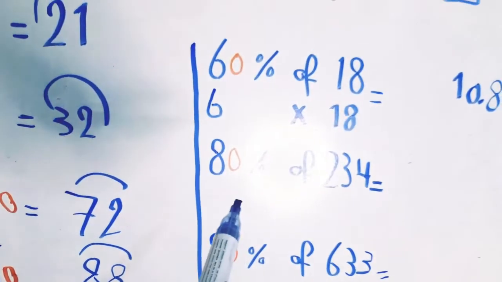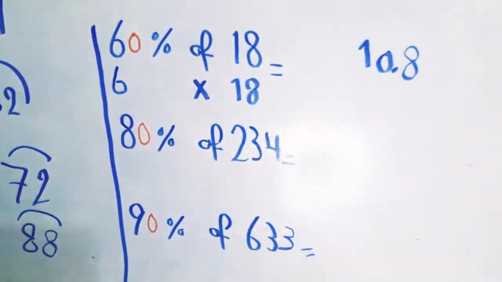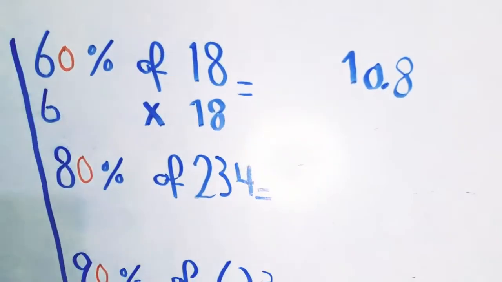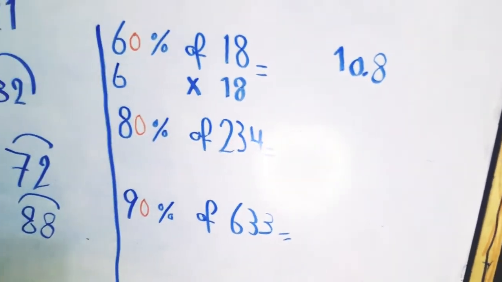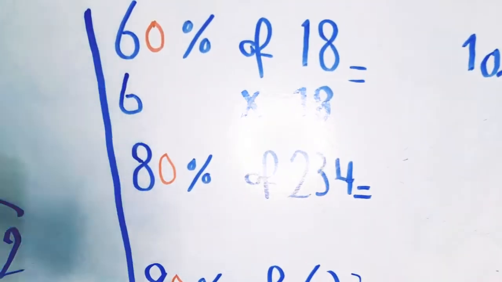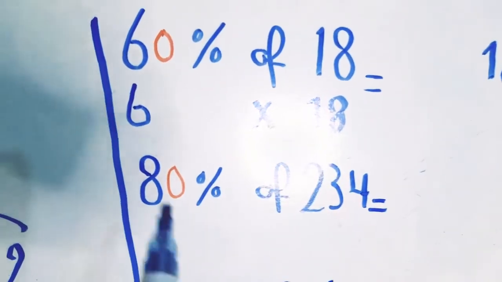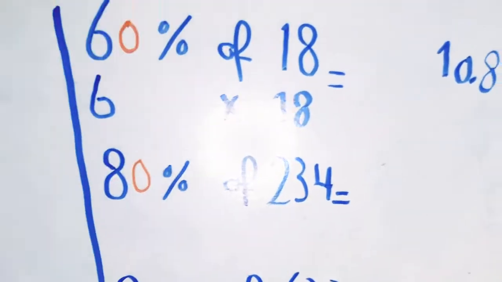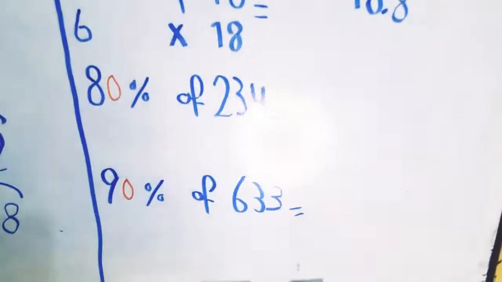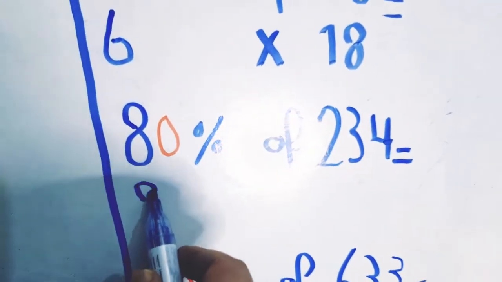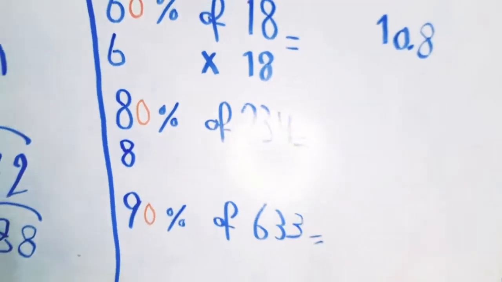Let's take another example. 80% of 234. If you look at the first number, you will see that 80 ends with 0. So here we will ignore the 0 and focus our attention on 8.